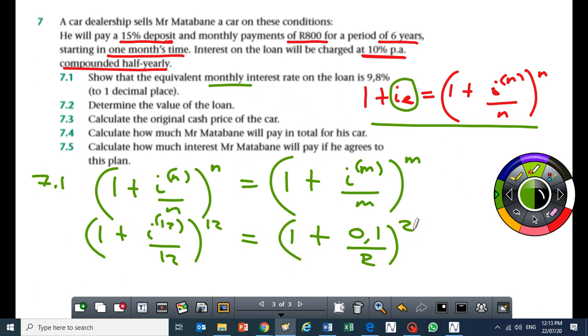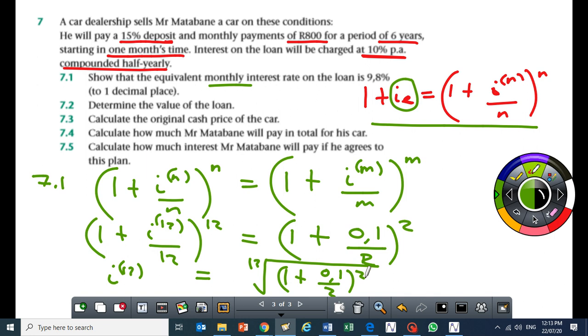So if I want to calculate that one, I have to take the 12th root of that and simplify. So I can write this i_12 will be equal to the 12th root of 1 plus 0.1 over 2 raised to the power of 2.